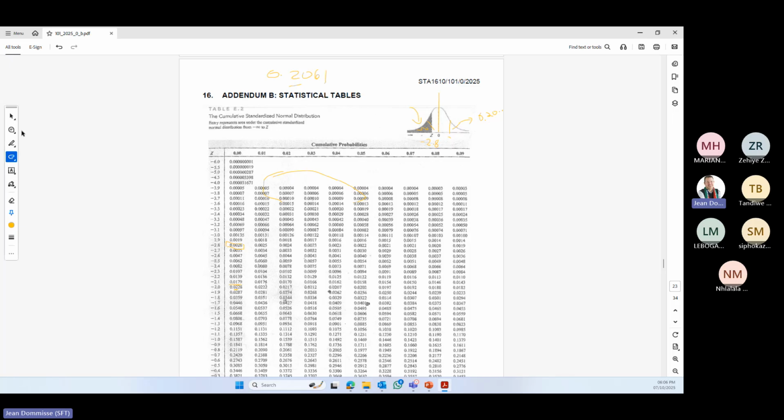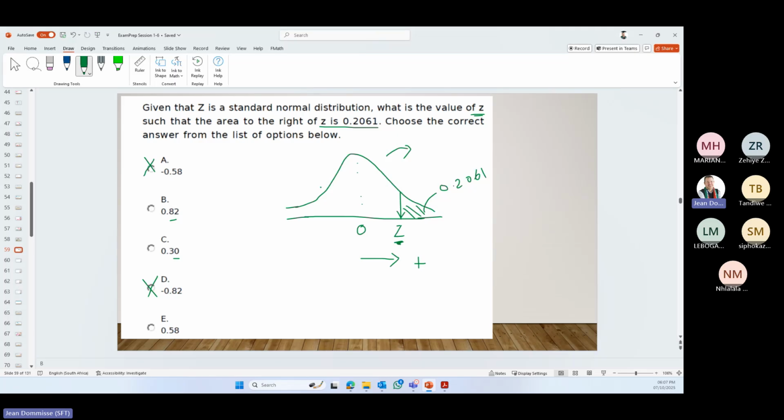Okay, so 0.21, 0.20. Yeah, 0.2061, and we're sitting with 0.82. So remember what we now did was looking at the negative 0.82, and it was that side.